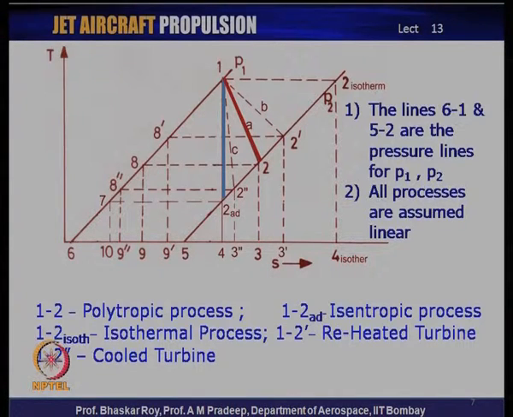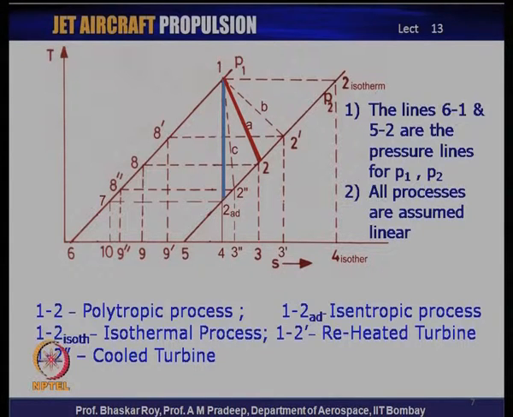As you will probably learn very soon, quite often many of the turbines are indeed subjected to cooling for life purposes, and hence those also have certain thermodynamic ramifications. So, these are the various obvious possibilities that could occur in an actual gas turbine of a jet engine, and we will see how these things actually affect the operation of the turbine.